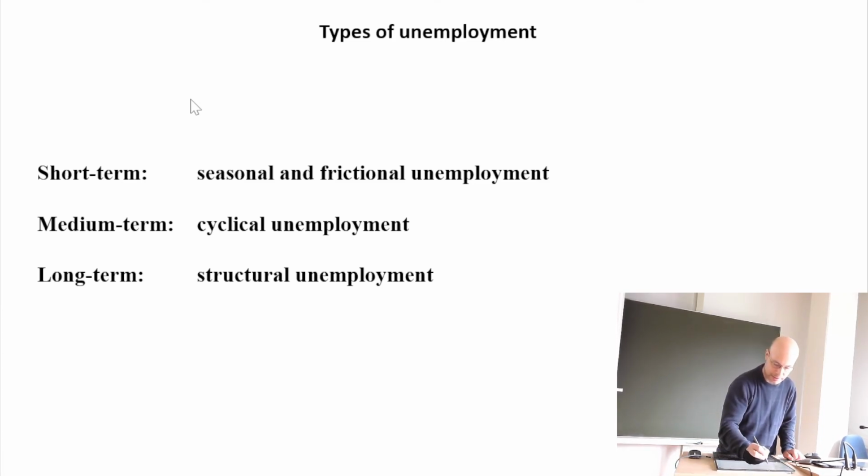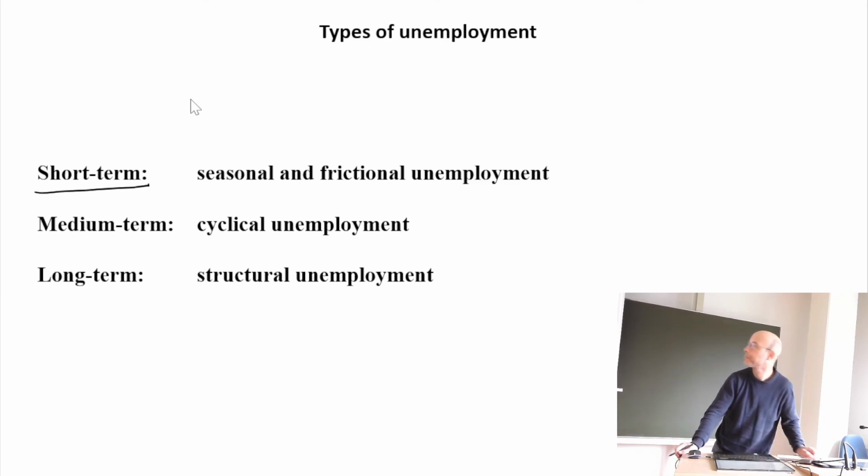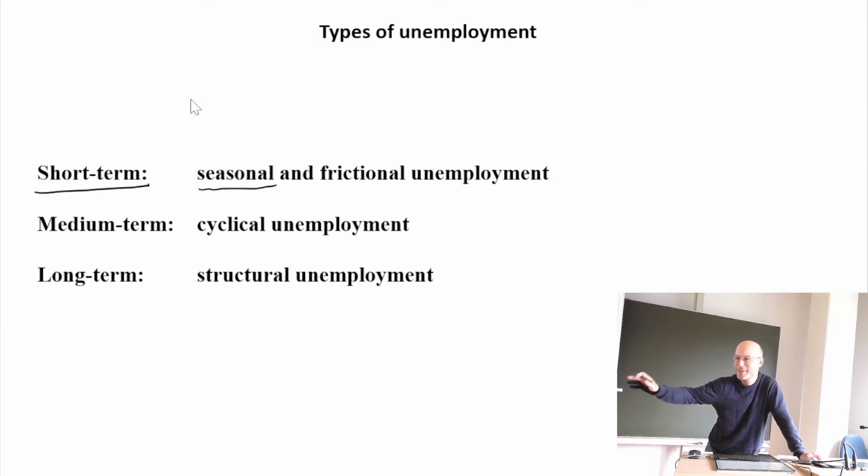At first, short term unemployment, and the first one you already mentioned is the so-called seasonal unemployment, and there of course we have the tourist sector, restaurants, and especially the construction sector, because you are not building houses that much during winter time.